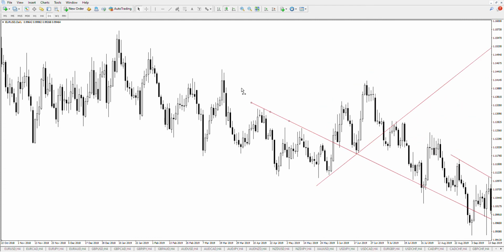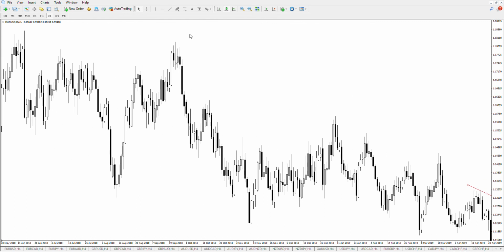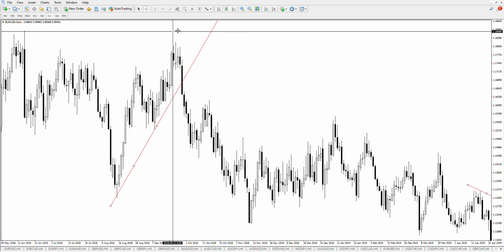So let's see another example. Here you have 2 higher highs. They are pretty distinct and good ones. You have a nice breakout candle which closed beyond the trend line, no shadow, several consecutive bearish candles. It's a good breakout.